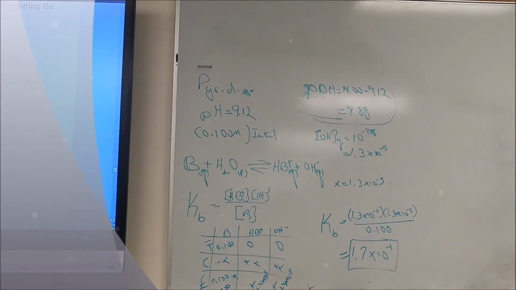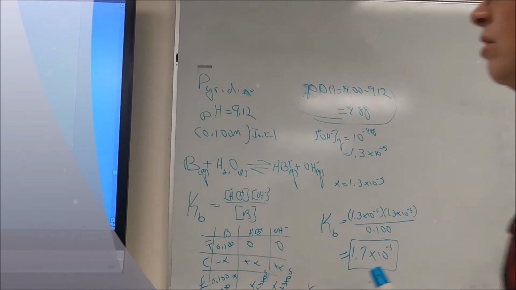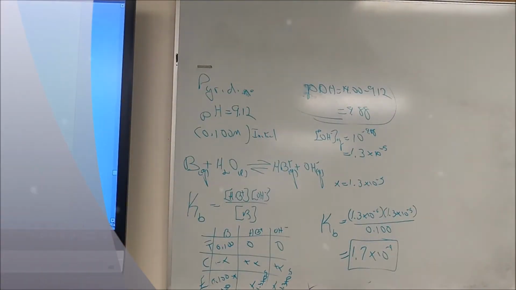Okay? Now, let's do a problem where we want to find pH. In other words, we want to find concentrations at equilibrium. We're going to look at problem 16.12 on page 713 in your text. So flip over to 713.